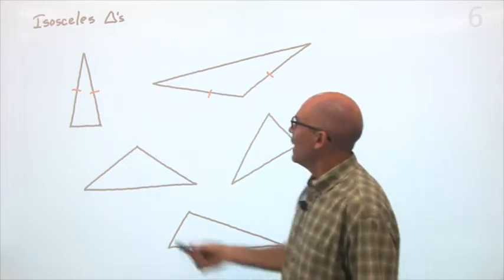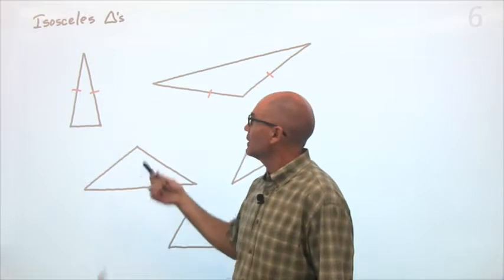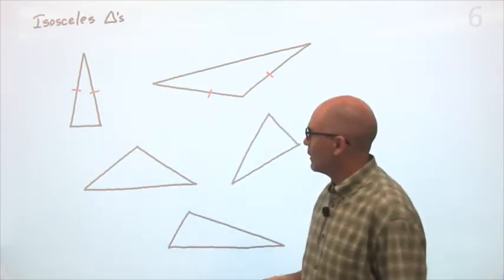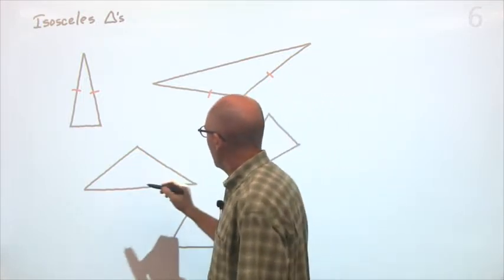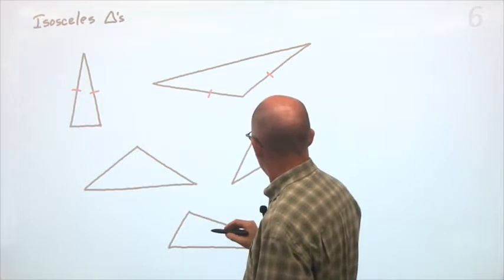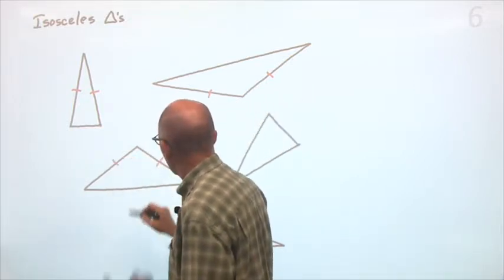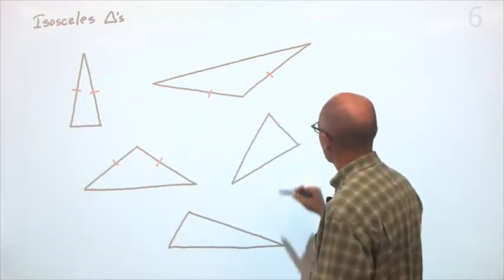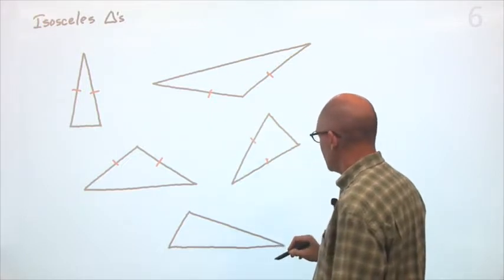So notice we have a tall, skinny isosceles triangle, and we have a short, fat isosceles triangle. And now here's another example where it's almost an equilateral triangle, but these two are congruent and this one is not. Here's one where these two are congruent and this one is not.